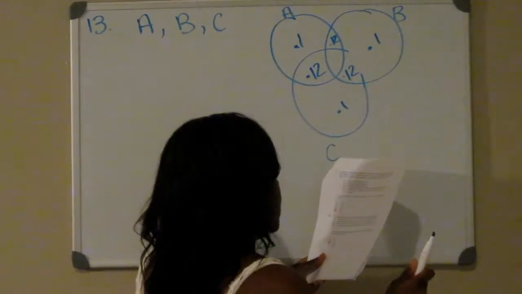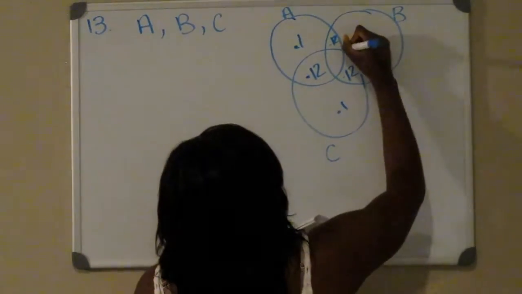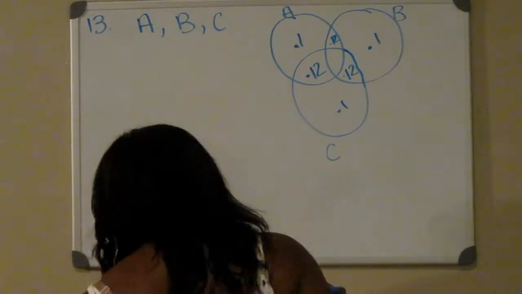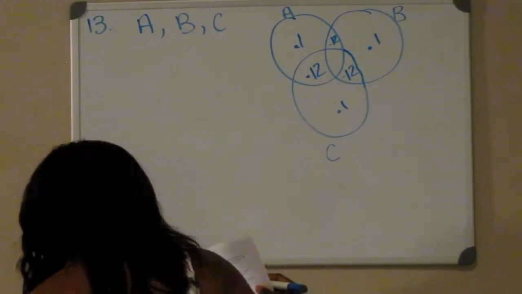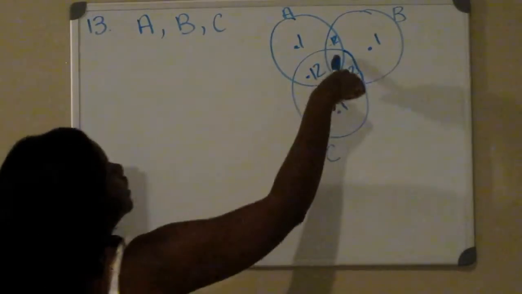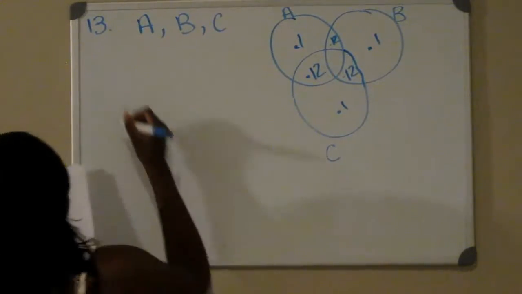And the probability that a woman has all 3 risk factors given she has A and B is 1/3. Alright, so they say given. And when they say given, it's not 1/3 right here because there's a given portion to it.